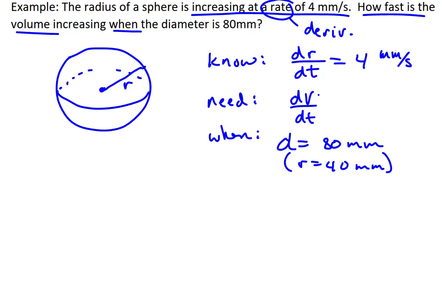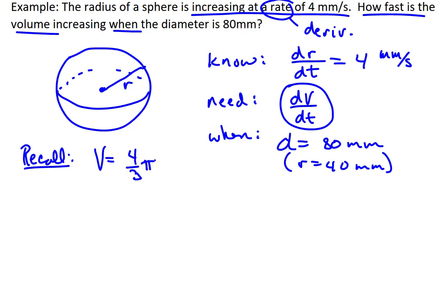Now, given what we need, which is the derivative of volume with respect to time, dV/dt, we need some kind of equation that's going to pull those things together. So this is where we have to recall some geometry. And that is, for the volume of a sphere, there is a formula which states V for volume equals 4/3 pi r cubed.